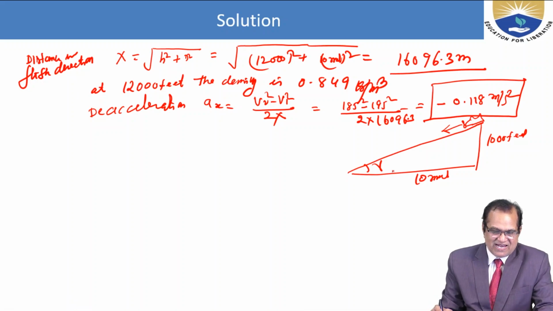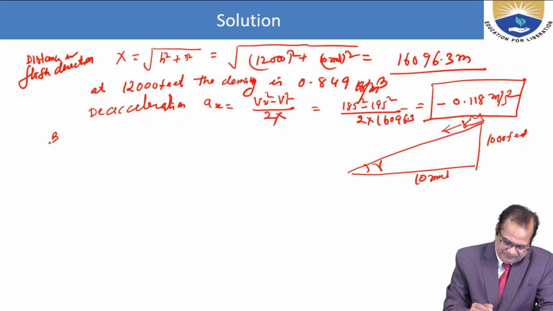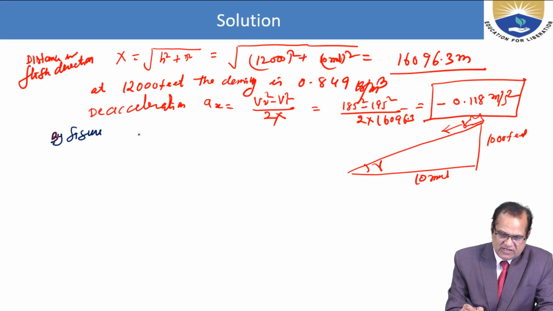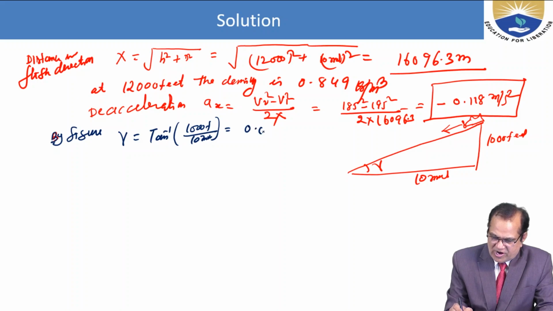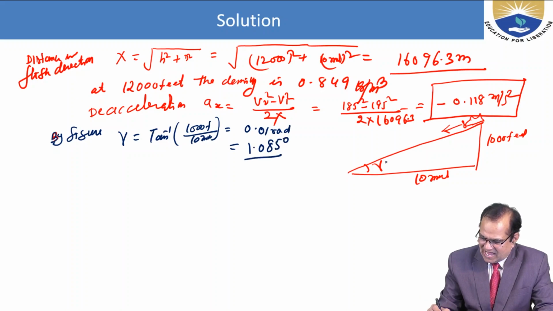So this angle by figure, gamma is equal to tan inverse 1000 feet divided by 10 mile. This will be 0.01 radian or this will be 1.085 degree. So this gamma is equal to 1.085 degree.